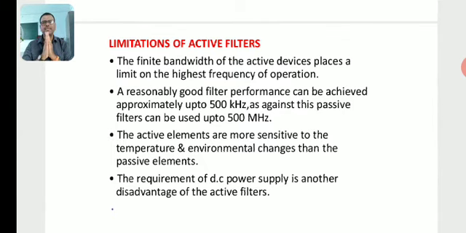The requirement of a DC power supply is another disadvantage of active filters. That means in an active filter, for operation, we must have a DC power supply. So these are the limitations of active filters.